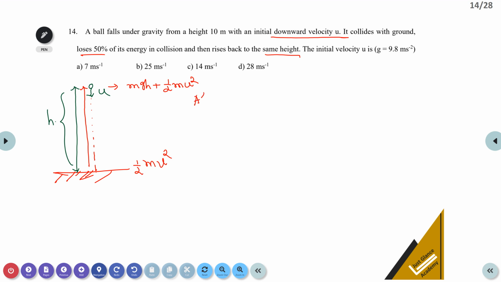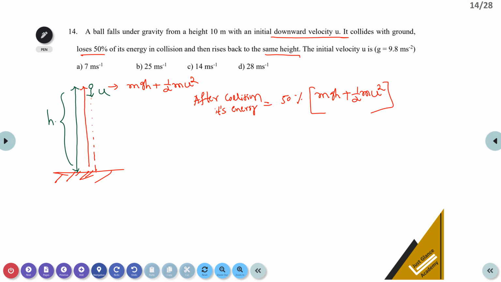Now, after collision, its energy is equal to 50% of its initial energy. Initial energy means mgh plus 1/2 m u square.